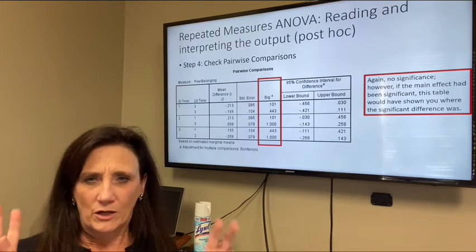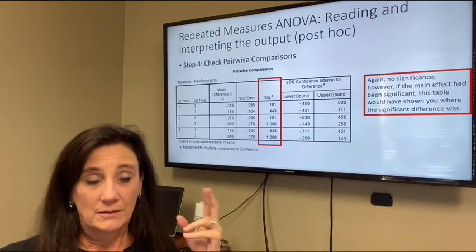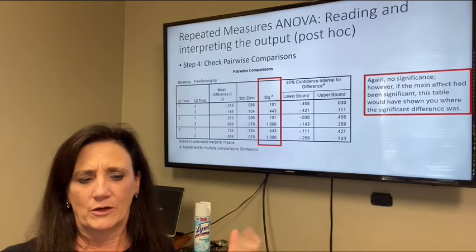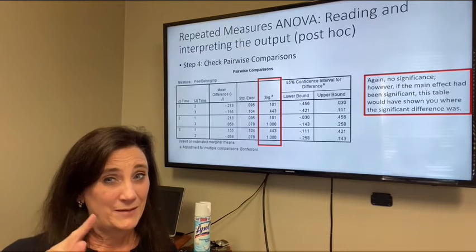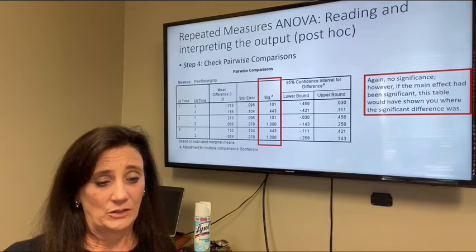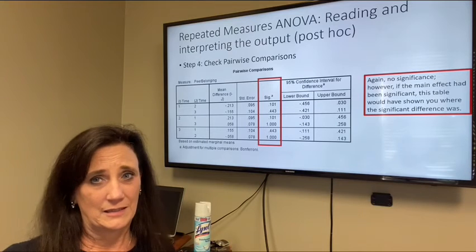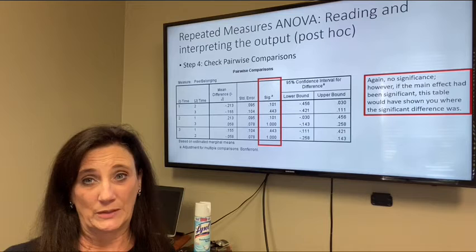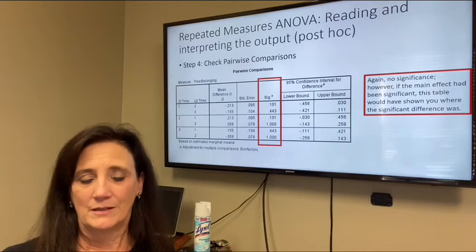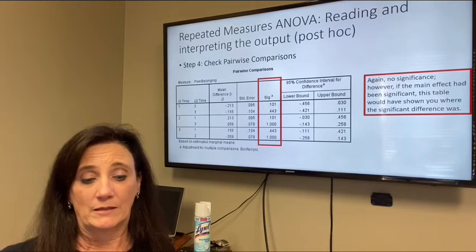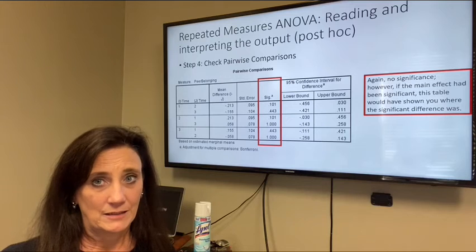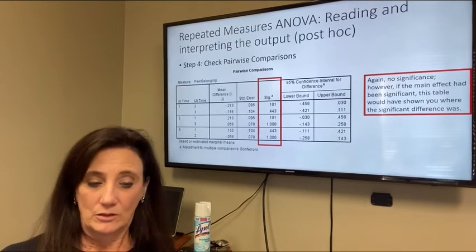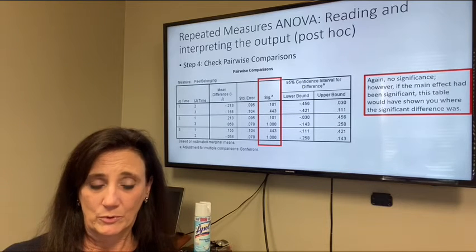If it's what I call barely significant, let's say the p-value had been 0.05. Sometimes when you run this test, you get over here and you don't find significance between time points. That happens. There's nothing you can do about it. Usually if you have a highly significant omnibus overall test, then you're going to find significance among time points.